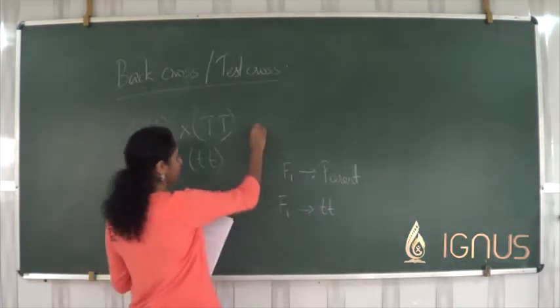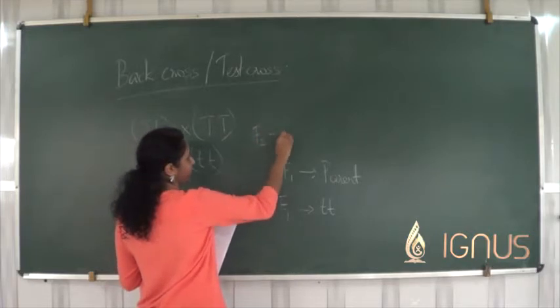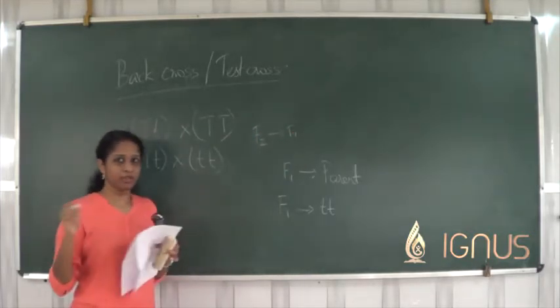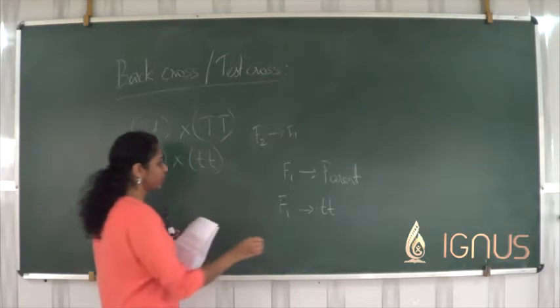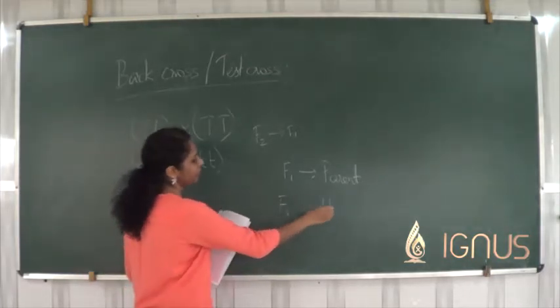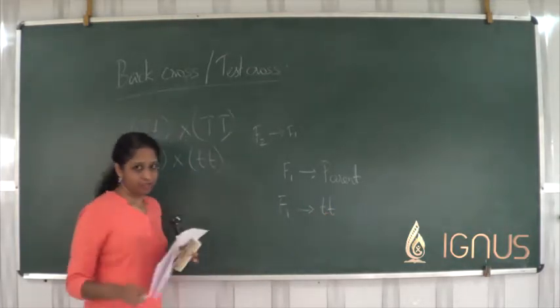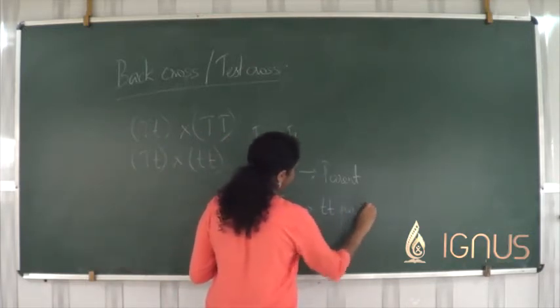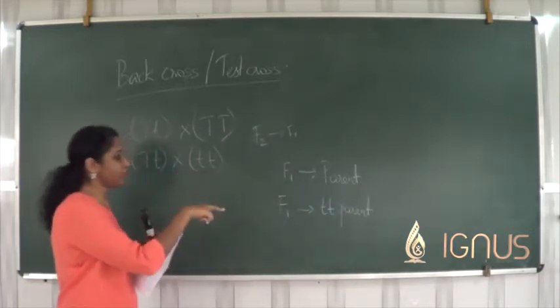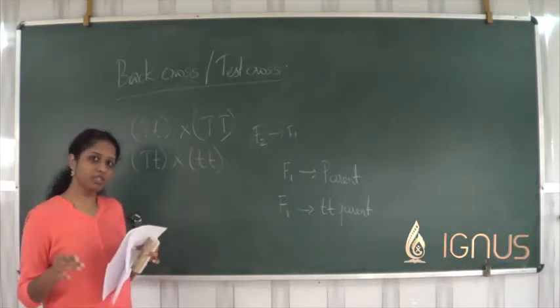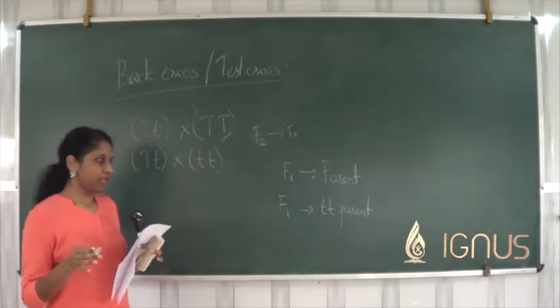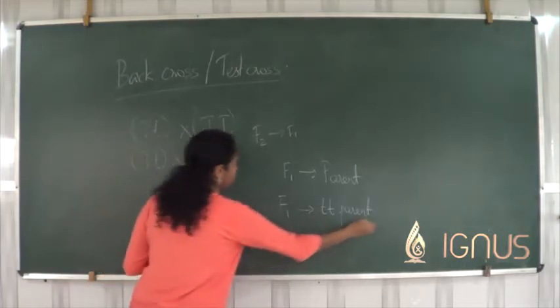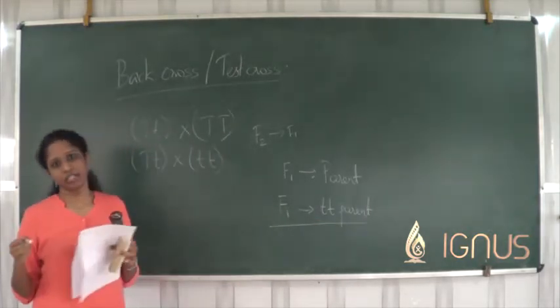You can even do a F2 generation with the F1 generation, that would still be a backcross. But if you're doing a F1 generation with a double recessive parent, which in this example would be the double recessive homozygous dwarf plant, then this kind of cross is called a test cross.